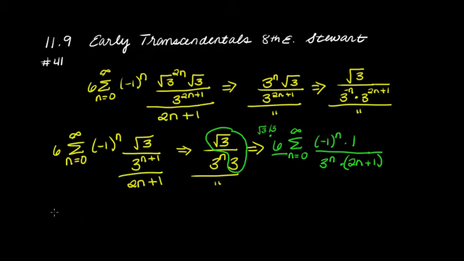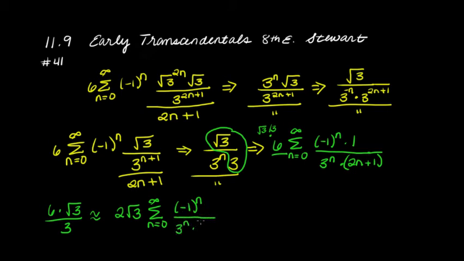So for our final answer, we're given 6 times root 3 all over 3. Let's go ahead and simplify that. That means we have 2 root 3, sum as n equals 0. We are left with our alternating series still of negative 1 to the n, times 1, and then we have a 3 to the n times a 2n plus 1.